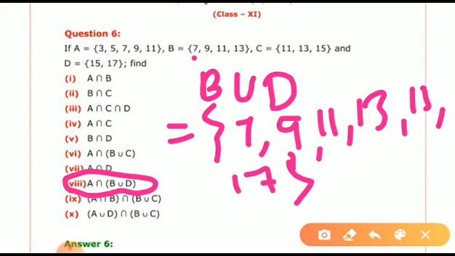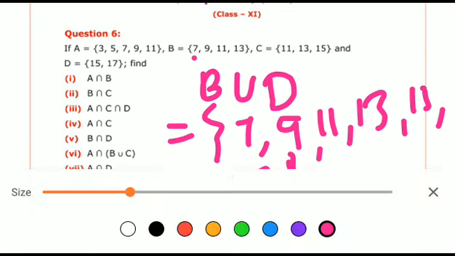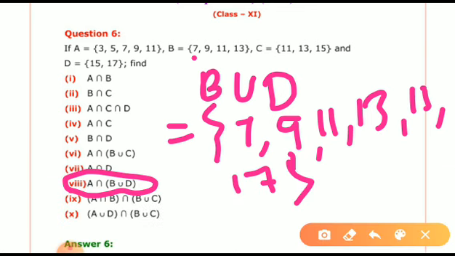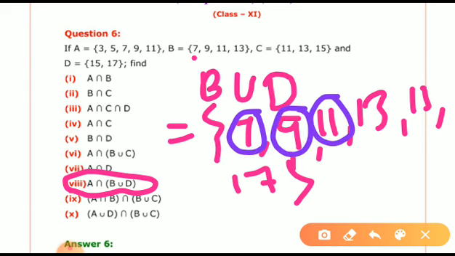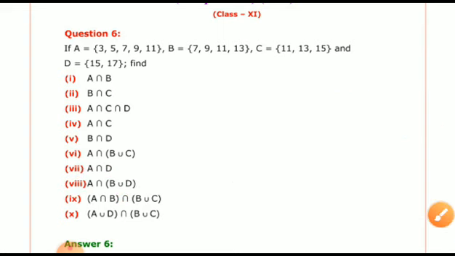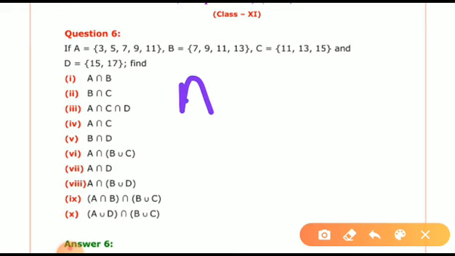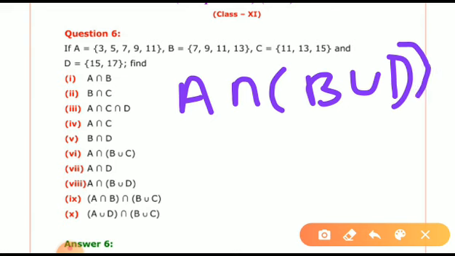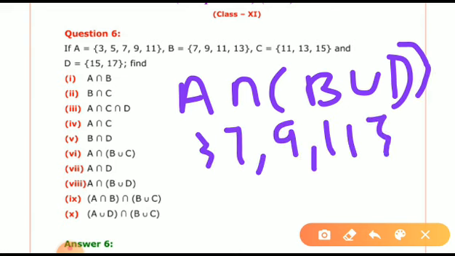No. 5. No. 7. Yes. So 7 I have, then 9 and 11. So no other elements. So first what you should do is find your B union D. Then after that write it as A intersection (B union D). You will get just 7, 9 and 11. So this will be the answer for A intersection (B union D).